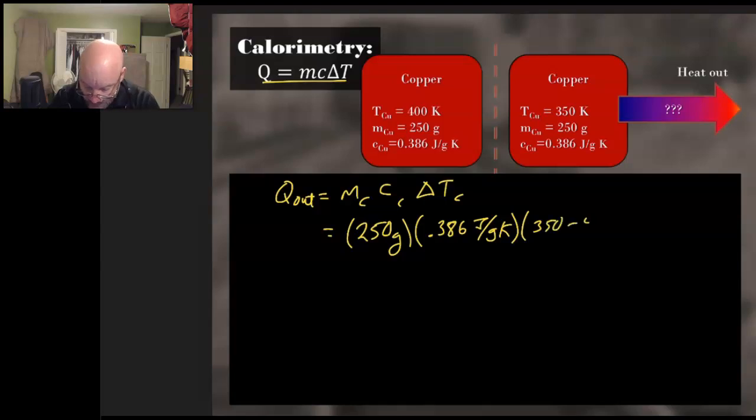Our initial temperature was 400. Those are kelvins, by the way. So it's going to be a negative 50 overall. Let's check out our units. Our grams cancel our grams here. Our kelvins are going to cancel over here. And so we're left with joules as our unit of heat energy there.